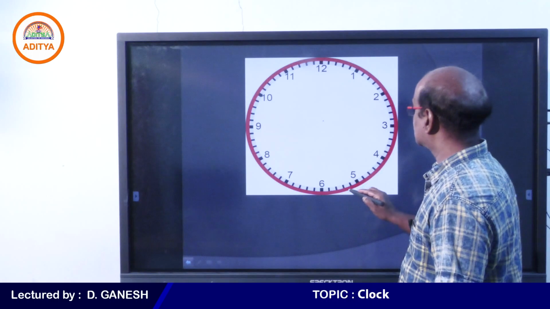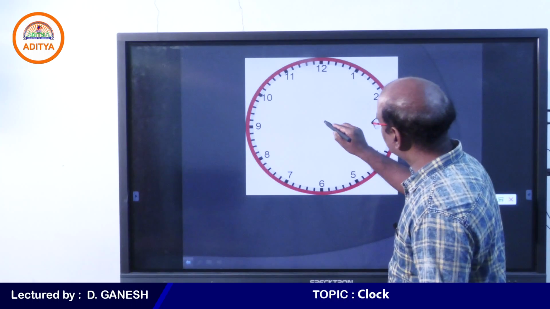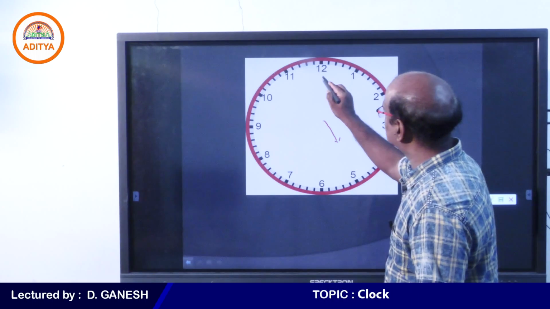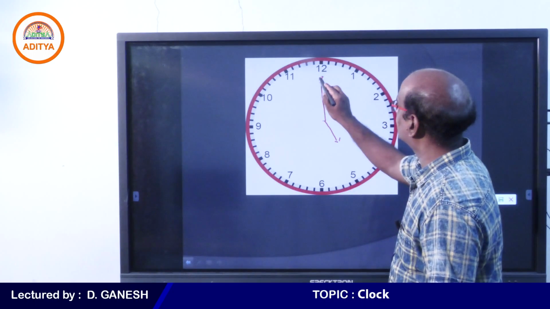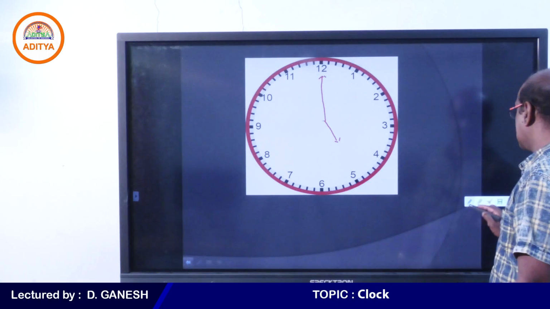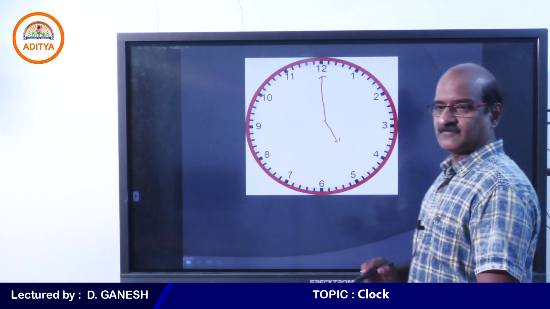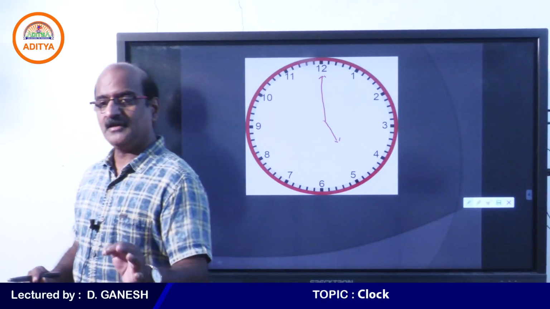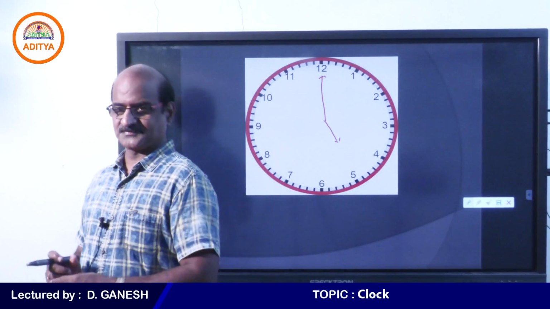Ready? Right. Let me suppose that the time is 5 o'clock. Within 1 hour, between 5 and 6, when do you happen to see the hands at right angles?